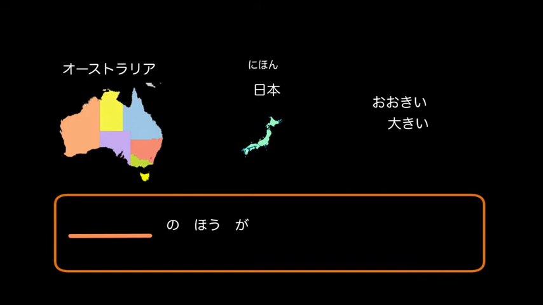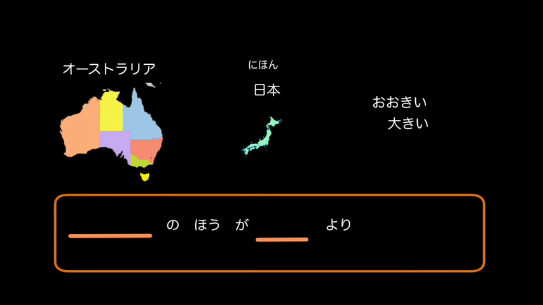So we'll start with Australia in our sentence. It will be the first object, and we will say Australia. The phrase that comes after the first item in our sentence is no hoga. Ho in Japanese means on the side of or in the direction of.